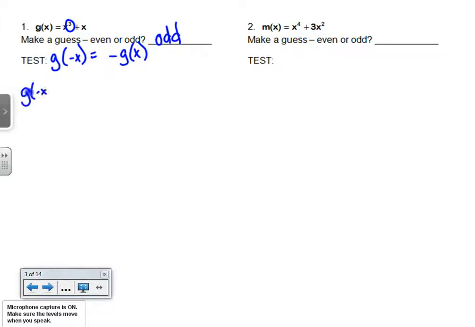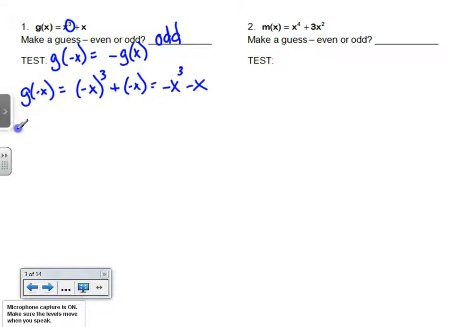So g of negative x. Go up to my original function, and instead of x to the third power, it's negative x to the third power, and then plus a negative x. And if I simplify that, negative x to the third power is just negative x to the third, and then plus minus x is minus x.